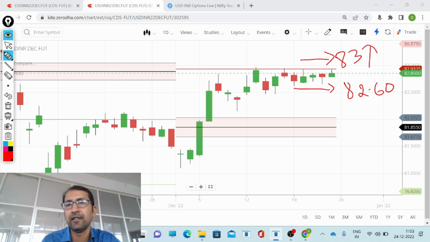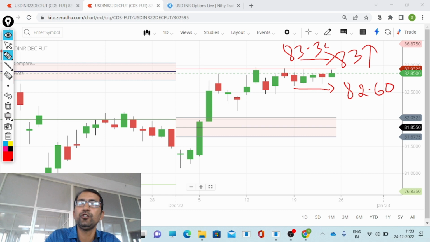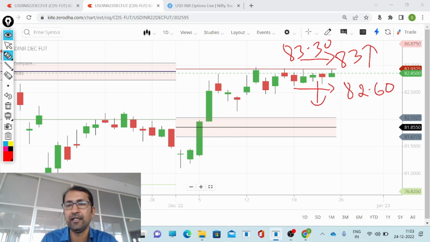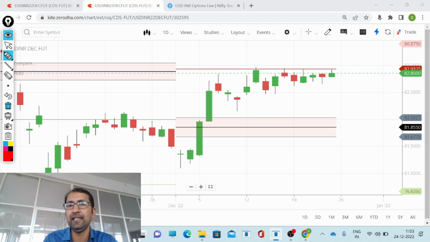Which means the resistance will be taken off, and you can see a level as high as 83.30. But on the lower side, if it breaks 82.60, then we can expect a major fall in the currency. So from the chart we can see the levels, and USD INR has been steadily rising. You can see the rise here. You see a steady rise is there.